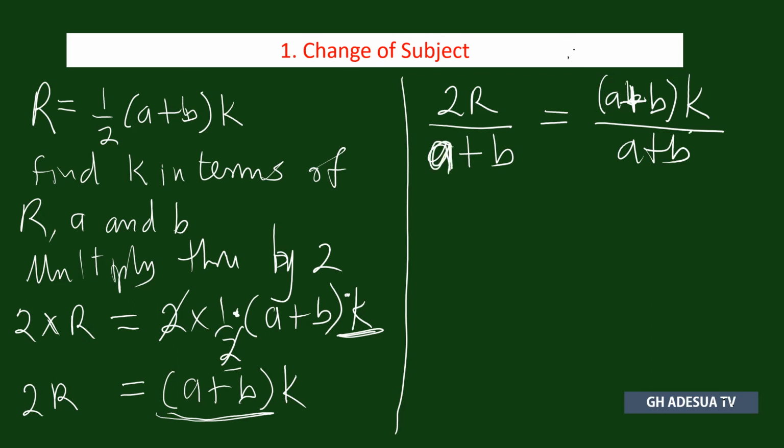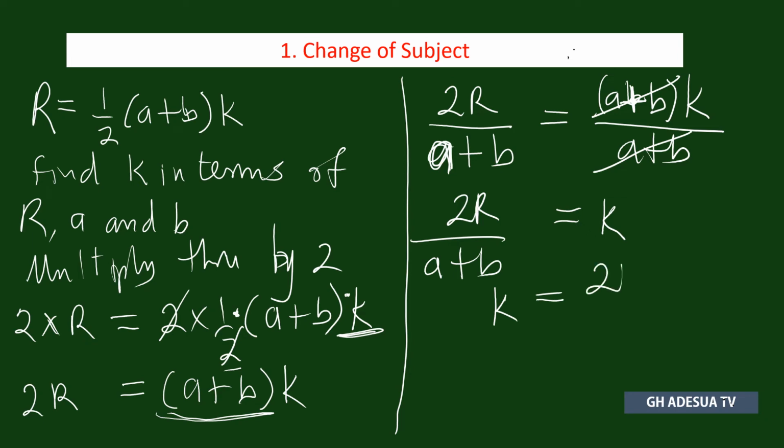But on the right hand side A plus B will cancel A plus B. So K is equal to 2R over A plus B. So if you are making K the subject, it becomes K is equal to 2R over A plus B.